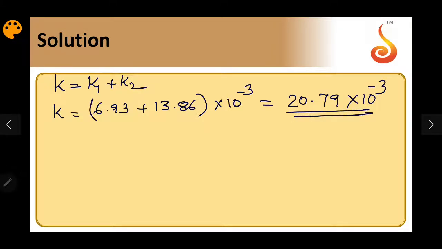This is the overall K for the reaction. Now we know A gives rise to B and separately gives rise to C. Initial pressure.